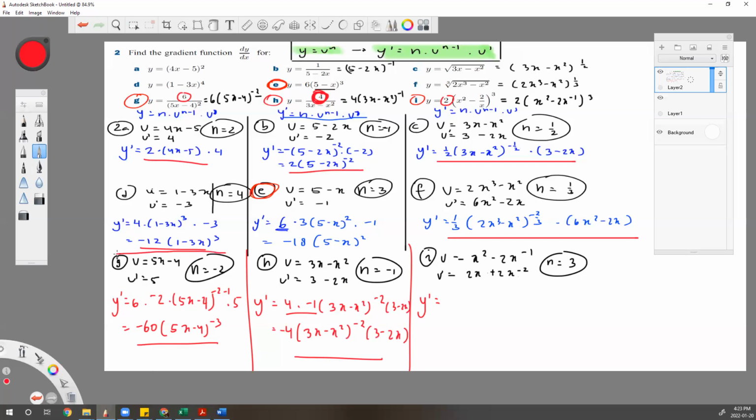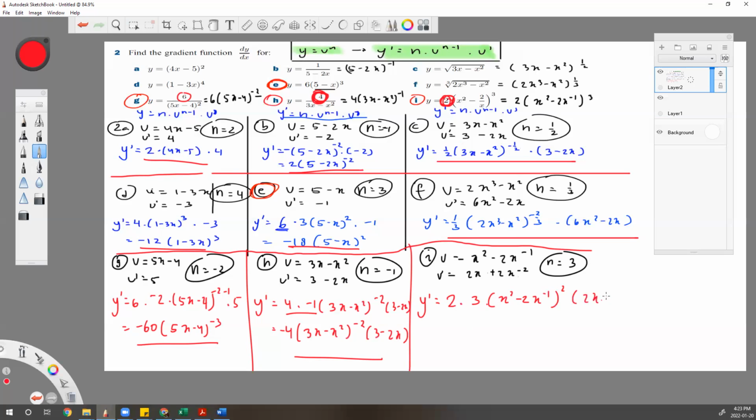Okay. Separate. Done. So y equals n. Oh wait, forgot, we have 2. Write down the 2 first. 2 times n times u power 2 times 2x plus 2x power -2.